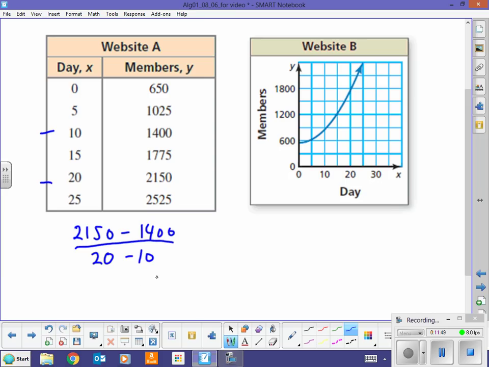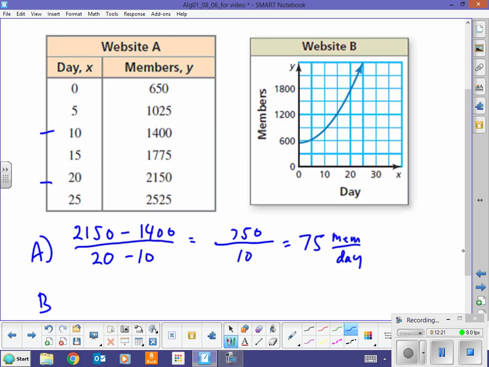That equals 750 divided by 10. So it's 75 members per day. This is for A.